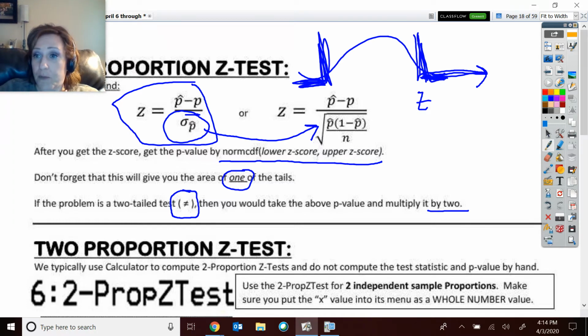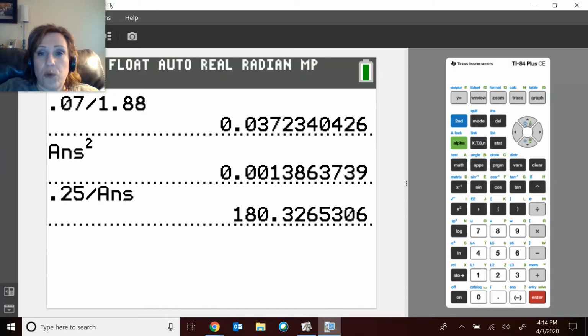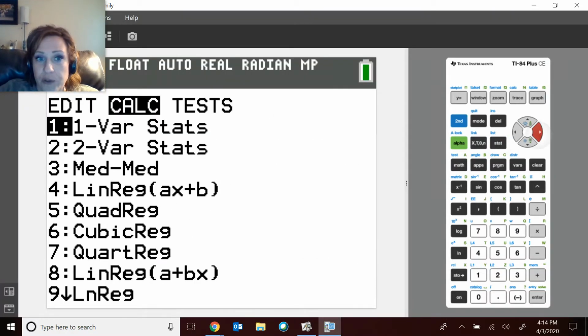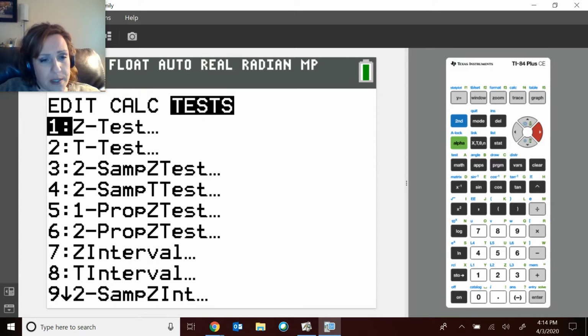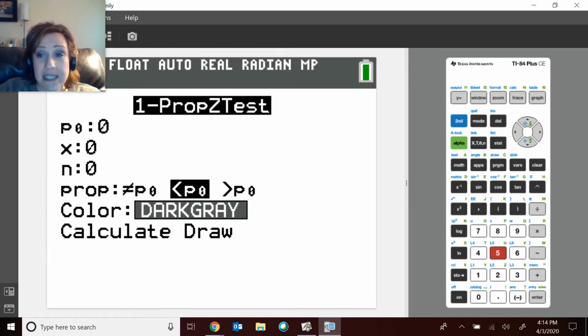total p-value. All right, now if you did that in your calculator, which would be done with the STAT, TESTS menu, the number 5, 1-PropZTest, you could do that by hand too. Make sure if you were putting in your x values that you were putting in those as whole numbers again.